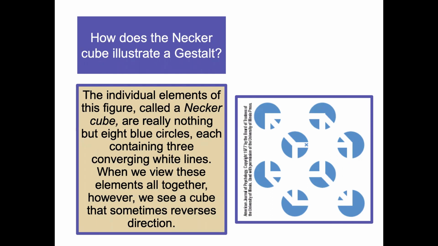If you look at each of those, that's all that is. It's a circle with white lines in it. However, when we view them all together in the position that they're in, we see a cube that sometimes reverses in direction, like which parts of the cube you're seeing in the front and which parts of the cube you're seeing in the back. So there's actually no cube there at all. Our brain is just perceiving that cube. Our brain constructed that cube.